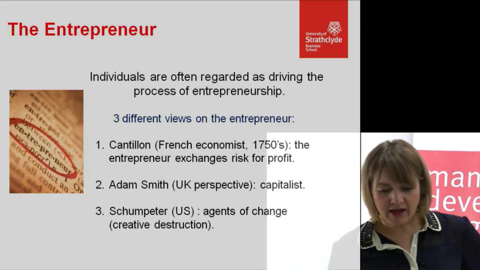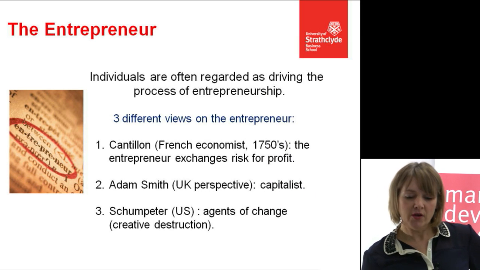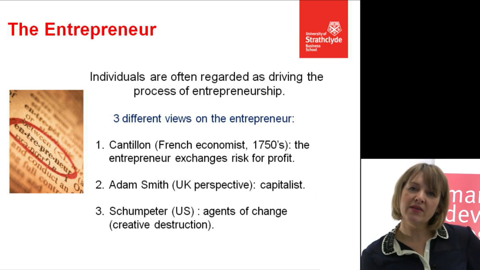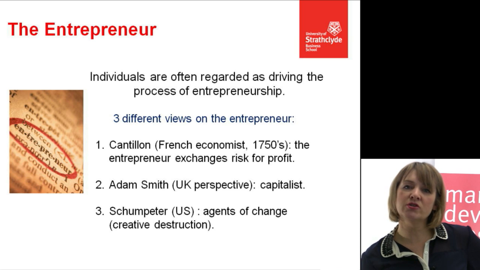A third view is offered by Schumpeter, and we've already spoken about Schumpeter's view of creative destruction. And this is very much a North American perspective on entrepreneurs. And I quite like this perspective because Schumpeter and his colleagues think of entrepreneurs as being agents of change.